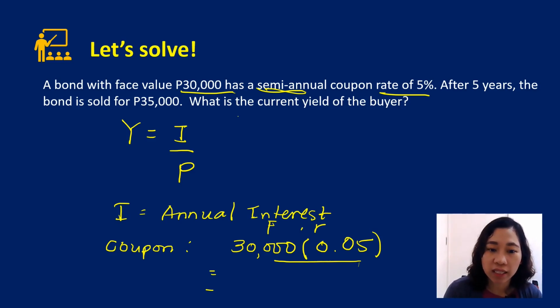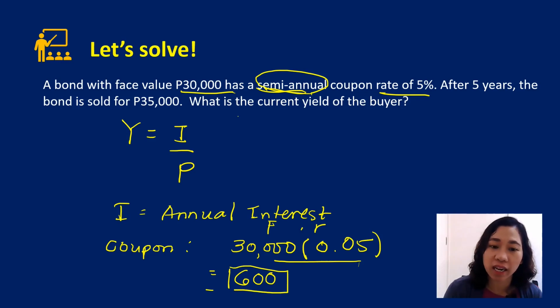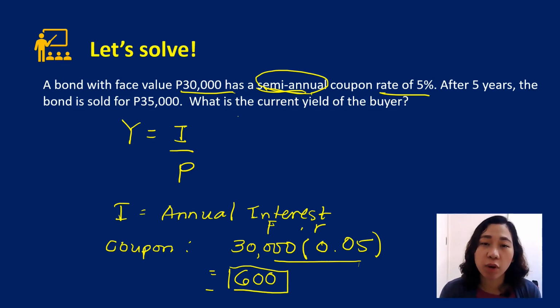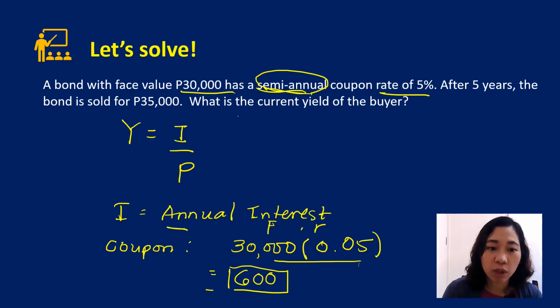Understand? So that is 600 pesos. But if you want to get the semi-annual, this means 600 pesos annual interest, but every 6 months you will get 300 pesos. Understand? Okay, so the point is, what we want in our formula is the annual interest. So the annual interest is 600.